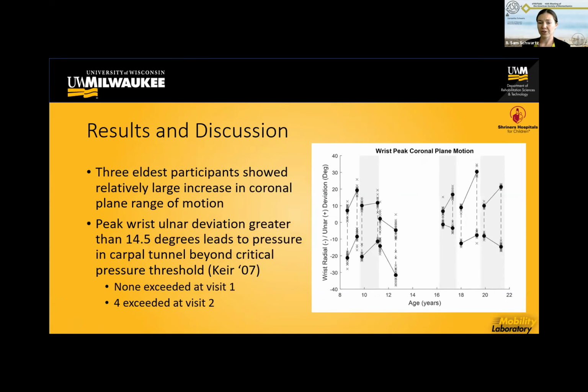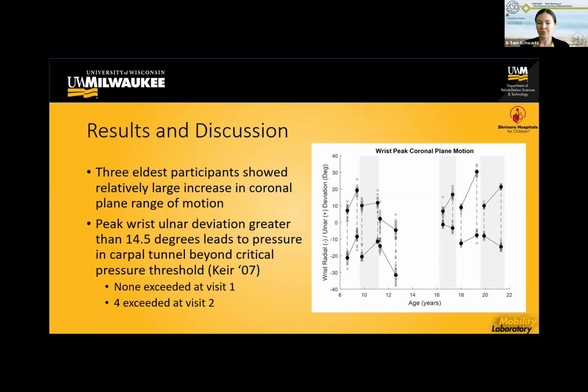Here we have a similar figure with the dots representing radial deviation or ulnar deviation this time, because we are now looking at the coronal plane. Here we can see that the 3 eldest participants showed relatively large increases in their coronal plane range of motion, while the youngest 3 did not.